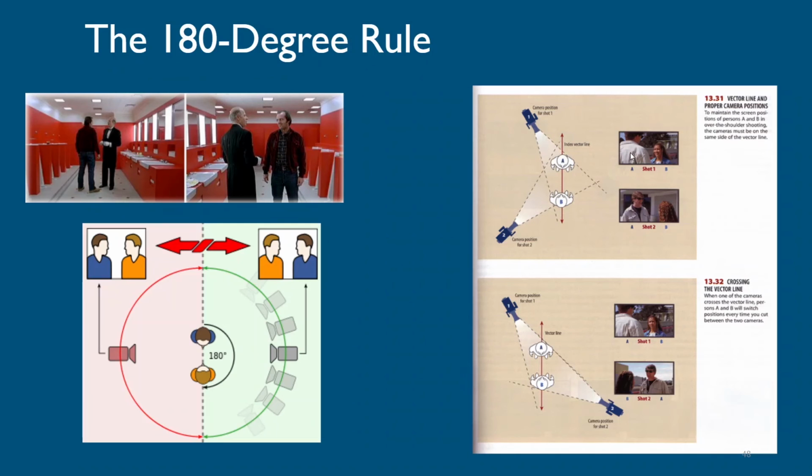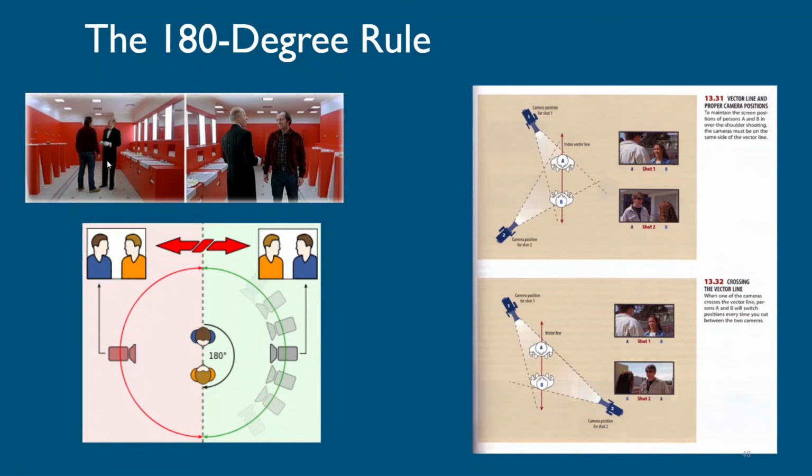The world hasn't flipped itself. But if we move camera two to the wrong side, now he's on the left, now he's on the right. Doesn't make sense. And we might not pick it up right away specifically, but we're going to say, hey, something's wrong. The world is like all of a sudden flipping. Can it be broken? Yes, it can, for sure.